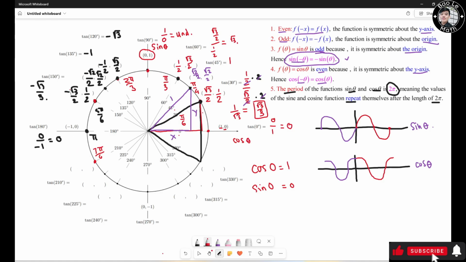So x value right here is going to be negative root 3 over 2. Now y value opposite, so it should be negative 1/2, right? Now you need to find tangent of 7 pi over 6, which is you're going to take y divided by x, right? So negative 1/2 divided by negative root 3 over 2, right? It's going to be root 3 over 3, right?